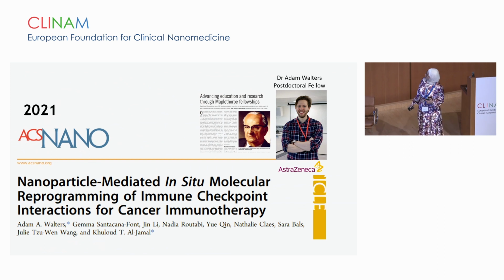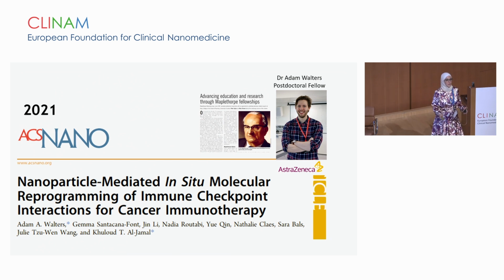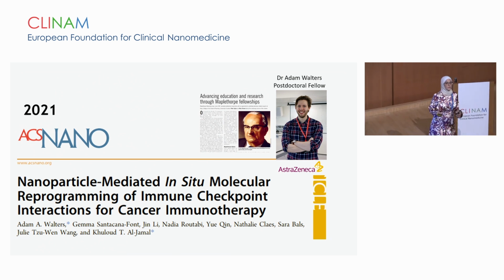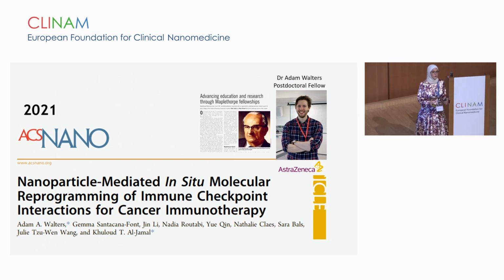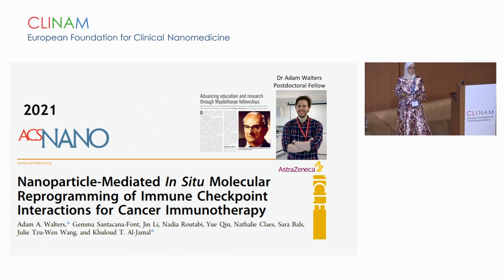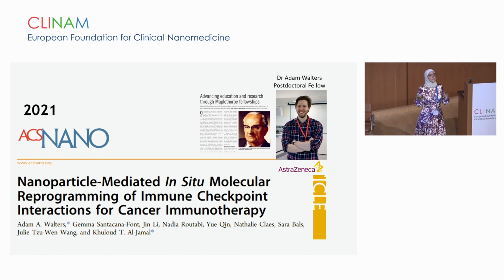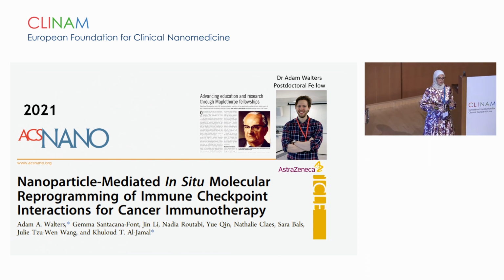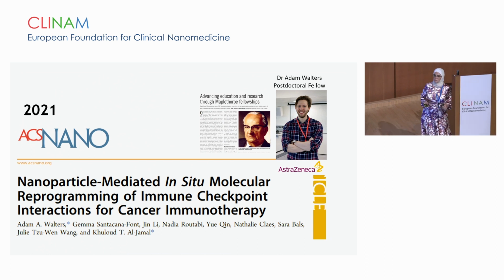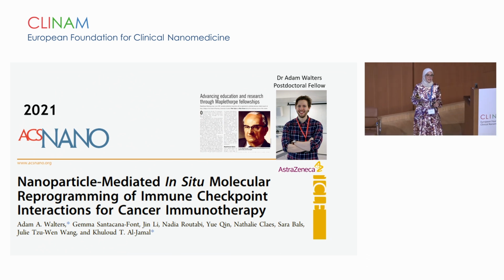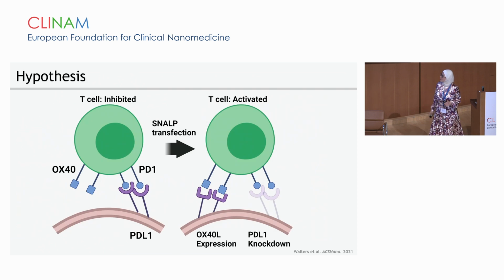We recently published, a few years ago now, a proof of concept study where we can reprogram melanoma solid tumors by delivering OX40 ligand mRNA and siRNA for PD-L1. We found that by doing this combination therapy, you are able to activate the immune system and actually eliminate the tumor and vaccinate these mice against tumor recurrence.